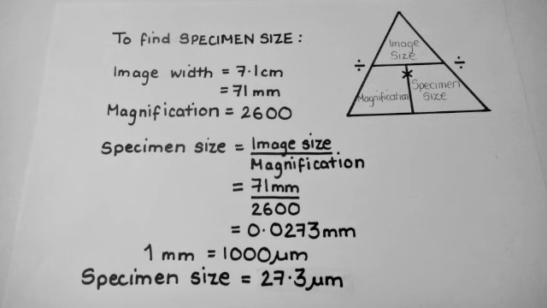So finding that the image width is 7.1 centimeters or 71 millimeters, and knowing the magnification is 2600 from our previous calculations, it's easy to get the specimen size simply by dividing the image size, 71 millimeters, by the magnification, which is 2600. We achieve a specimen size of 0.0273 millimeters. Once again, recalling that 1 millimeter is 1000 micrometers, we can achieve a final specimen size of 27.3 micrometers.